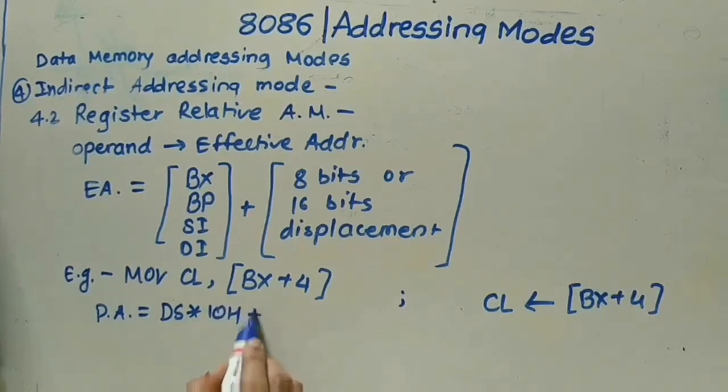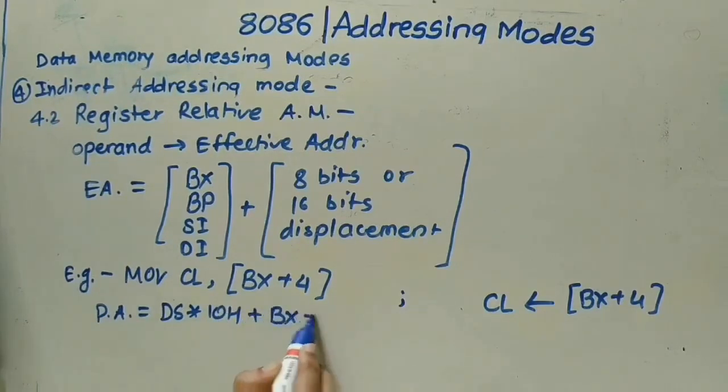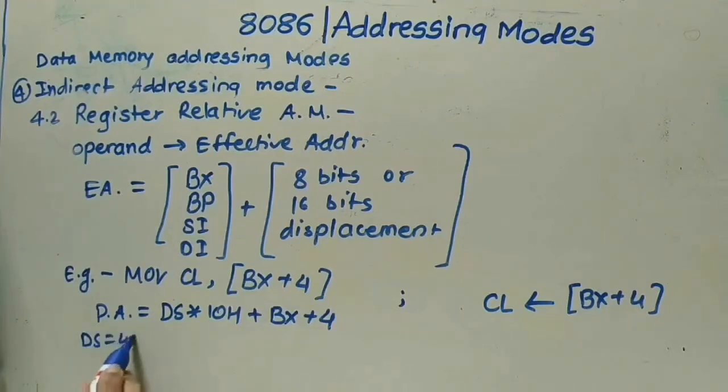plus BX plus 4. If DS is 4000H and BX is 2250H, what will be the physical address?